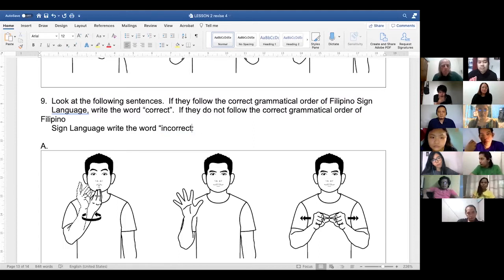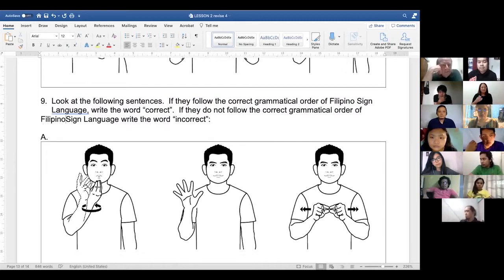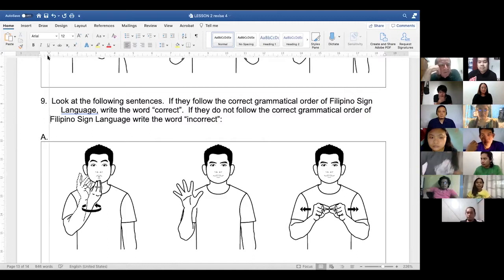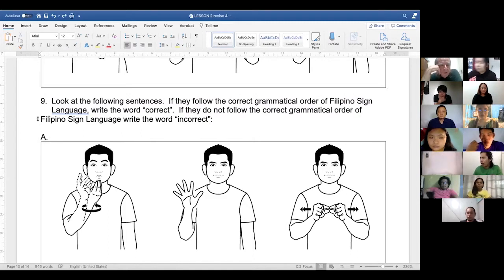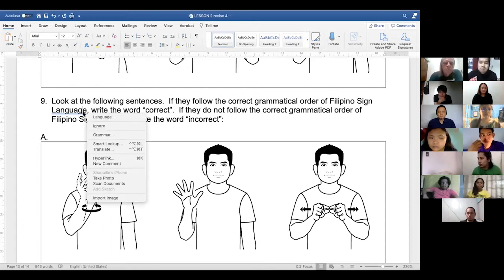Good. And then the spacing. Yes, okay, good.